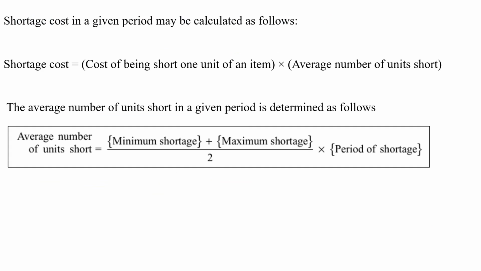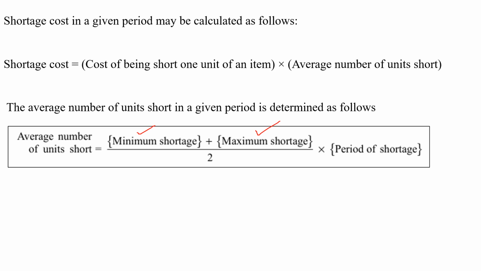Shortage cost in a given period may be calculated as shortage cost equals the cost of being short 1 unit of an item times the average number of units short. The average number of units short in a given period is determined as the average of the minimum shortage plus the maximum shortage, times the period of shortage.